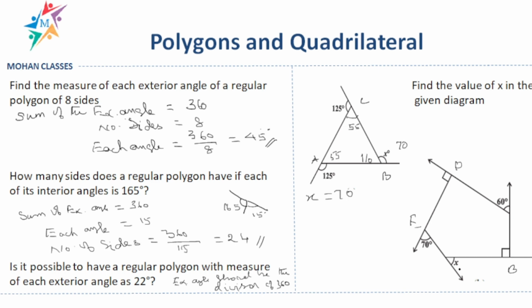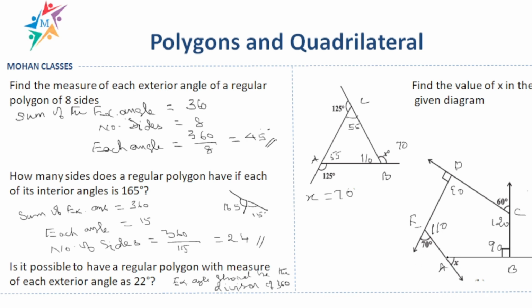You have to find the value of x only. This is 90 degrees because it is a right angle, so this also will be a right angle. Here 60 means this is 120. If it is 70, this will be 110. Clear?